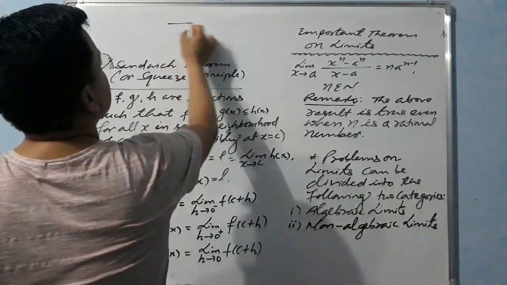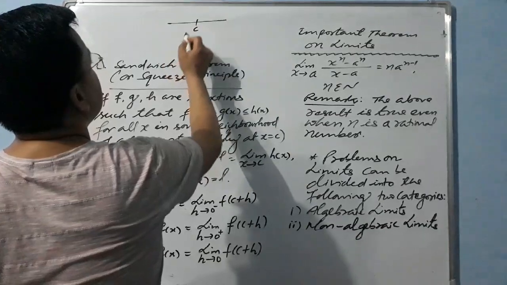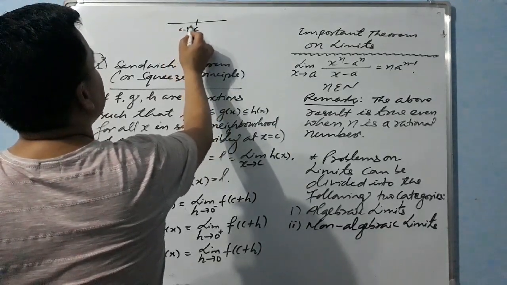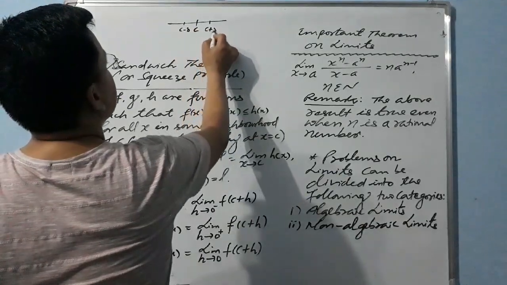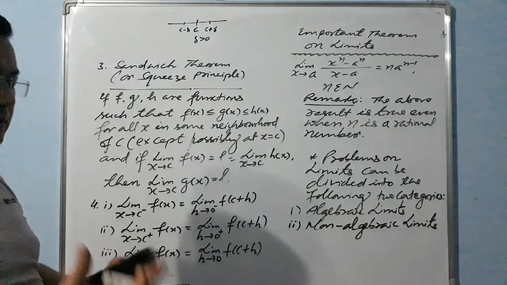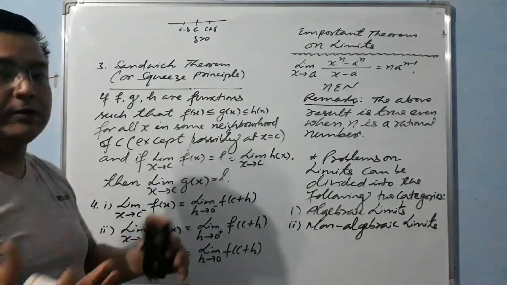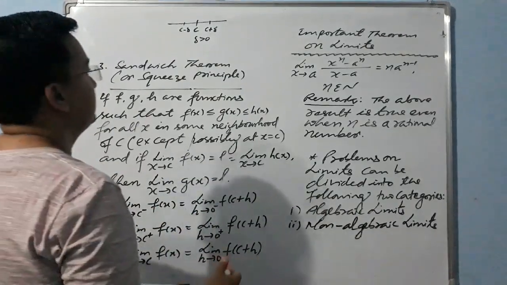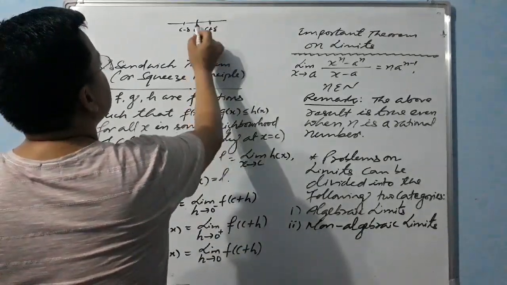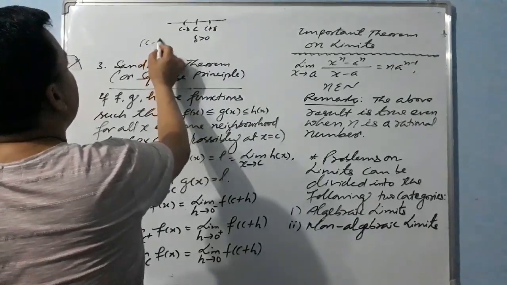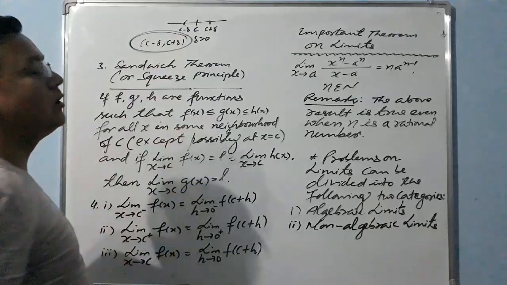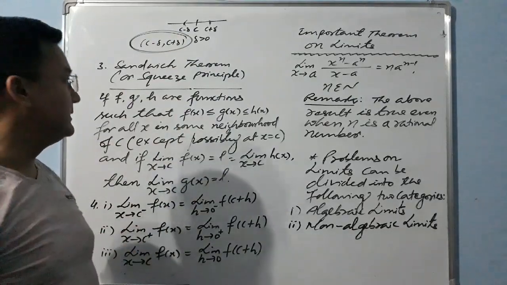Neighborhood of c, suppose here I write x, and here c minus delta, let's suppose, and c plus delta. Delta is any very small positive number, whatever you may choose, as small as you can. Then this open interval from c minus delta to c plus delta is called your neighborhood of c, right?